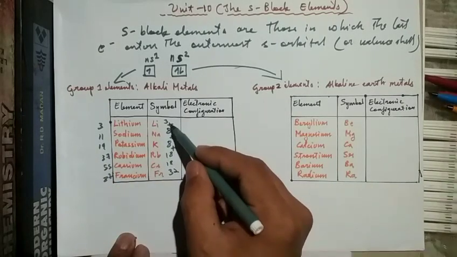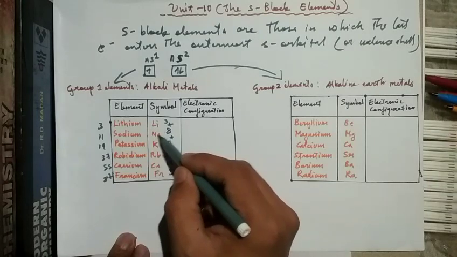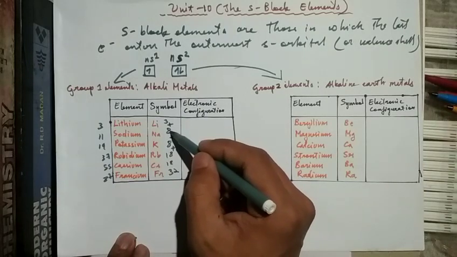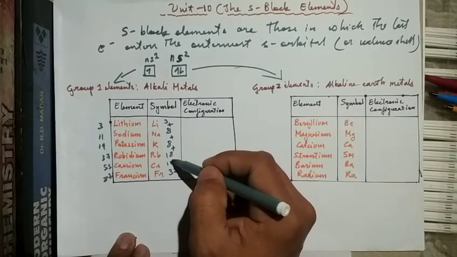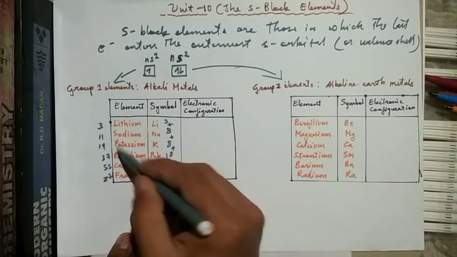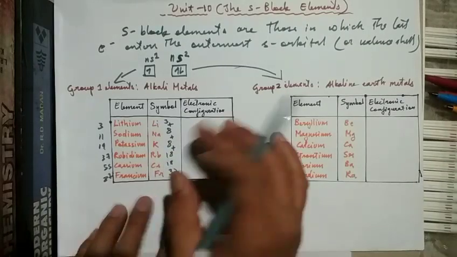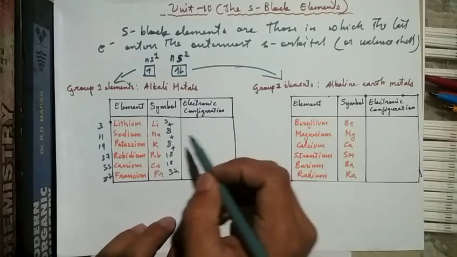So if you add 3 with 8, this gives the atomic number of sodium. If you remember the first one, you can add 8, 8, 18, 18 and 32, and this will give the atomic numbers of the rest. So this is also a shortcut way for easy understanding.